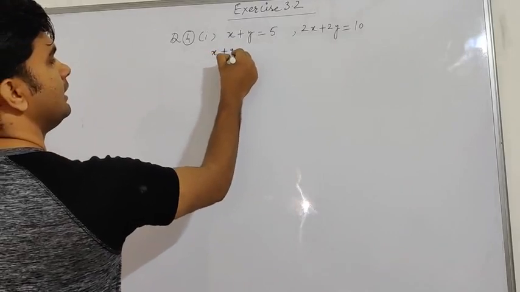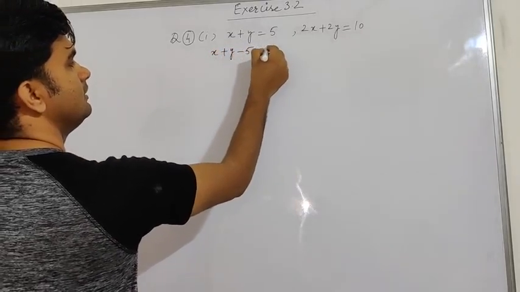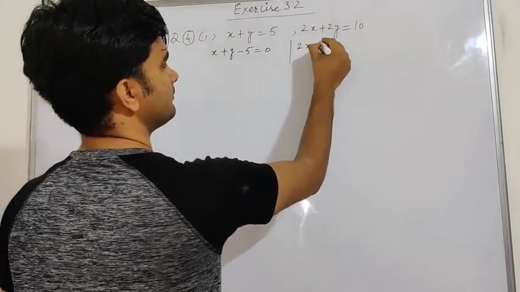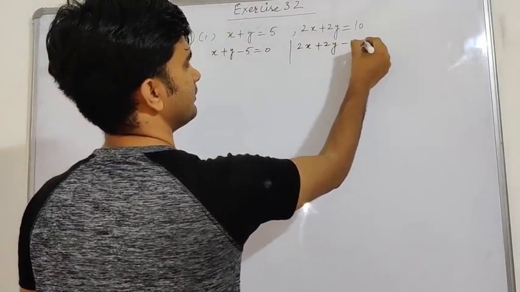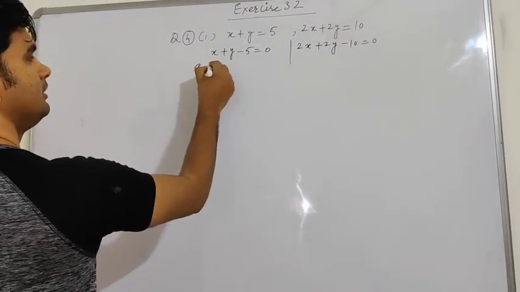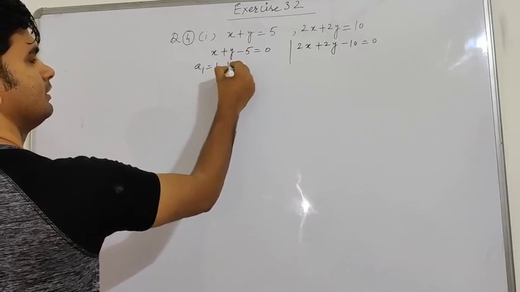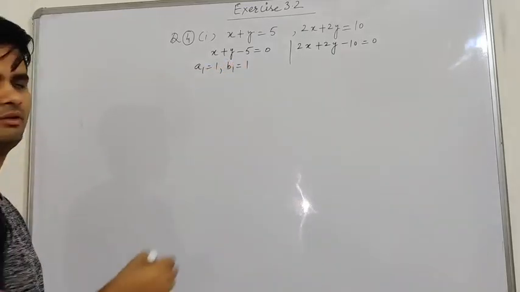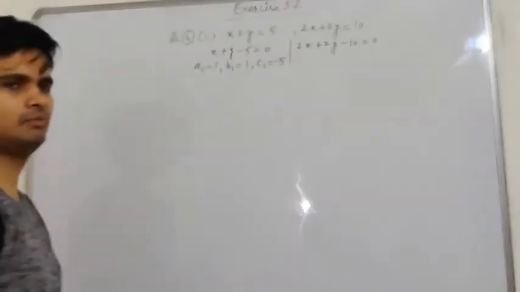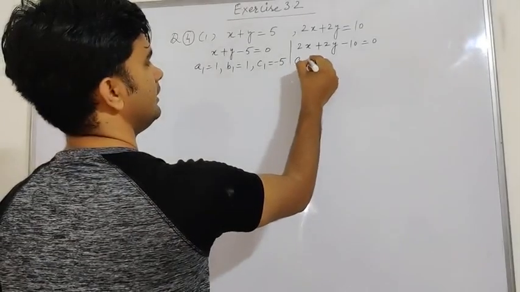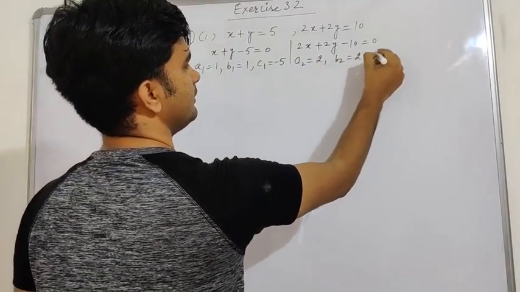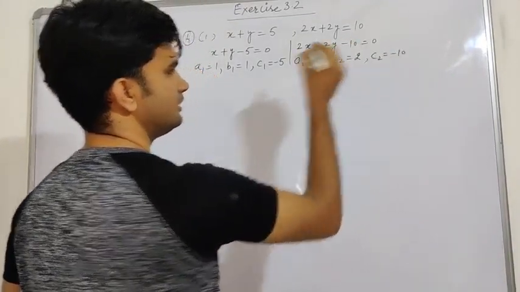See, first we will write these equations in general form of linear equation with two variables, right? Now here a1 coefficient of x is 1, b1 coefficient of y is 1, c1 coefficient constant term -5, a2 coefficient of x, b2 coefficient of y, c2 coefficient constant term.